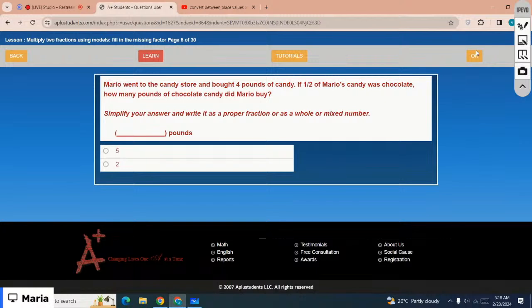So, half of 4 is, yes, the correct option is 2 because half of 4 is 2. The correct option is the second one. Very good.